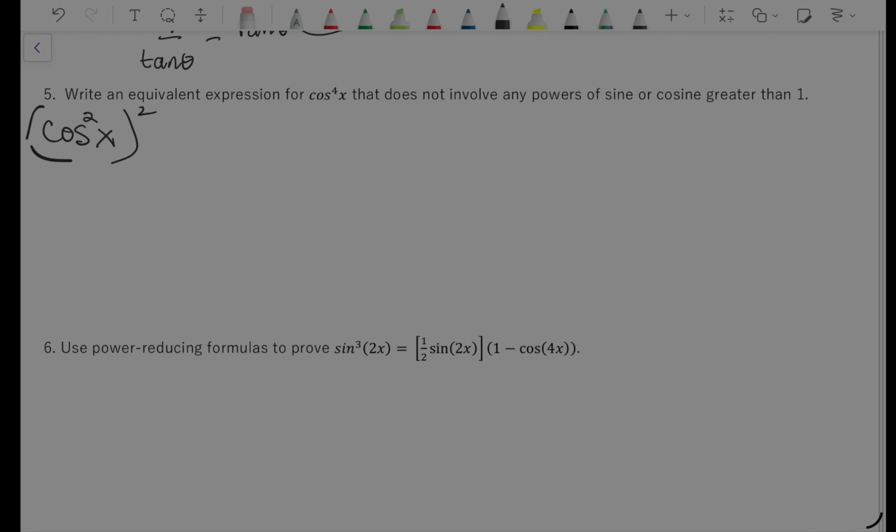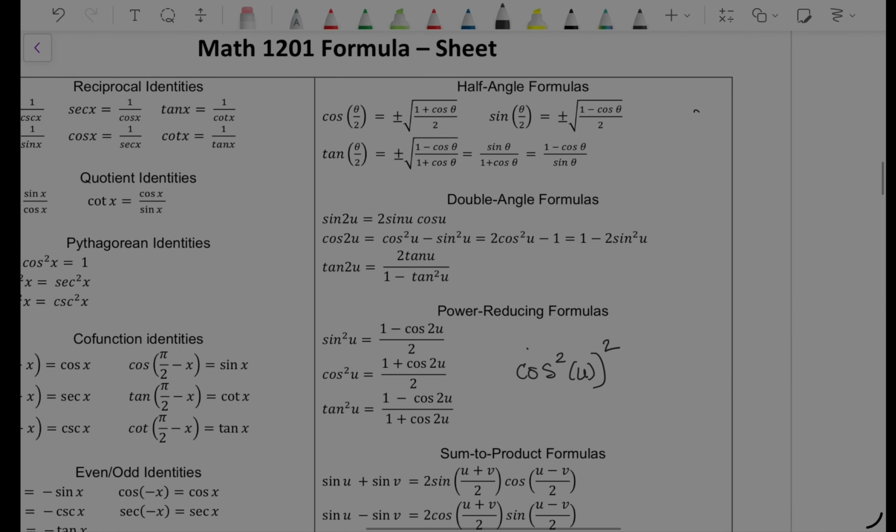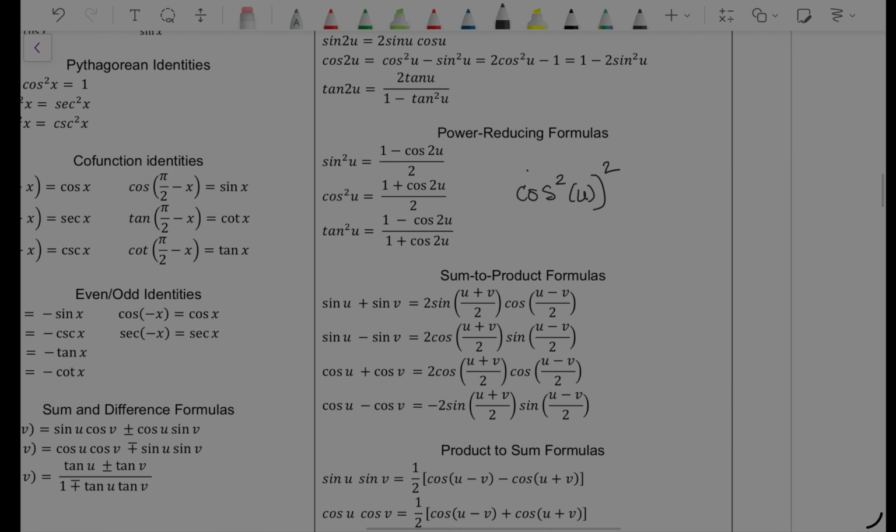Okay, well, we're going to go to power reducing. Okay, so I'm going to scroll over, show you the power reducing. Here's our power reducing formulas right here. And we are working with cosine. So whatever angle is here, we double it when we rewrite it.